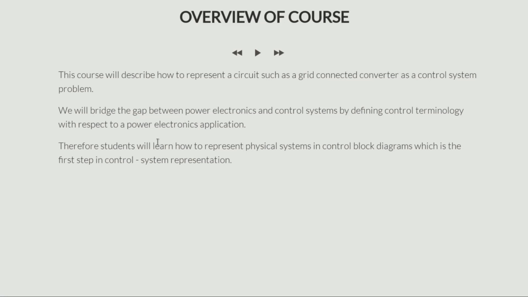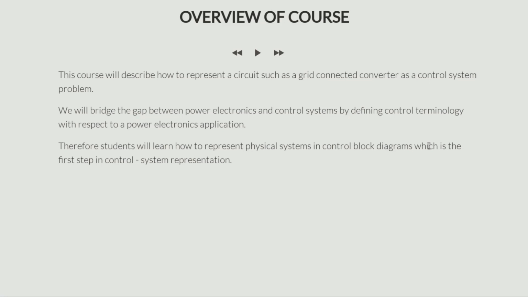So the most important thing is that as students, you will learn how to represent physical systems in control block diagrams from deterministic equations. In our case, since we are electrical engineers, since it's a power electronics topic, we are going to start with Kirchhoff's voltage law as our base equation. Of course, you can have Kirchhoff's voltage law, you can have Kirchhoff's current law, you can have many other laws and combine them together.